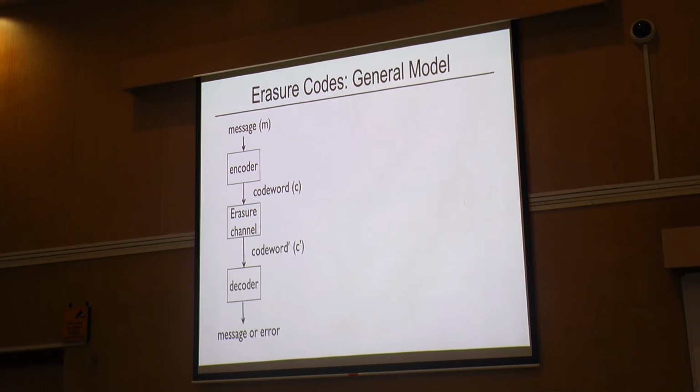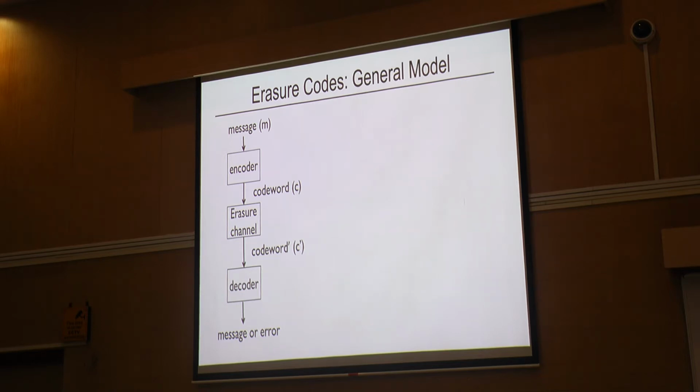Here, the message would be the data that we store. The channel is called an erasure channel because in the tutorial today, we will focus only on a particular type of noise called erasures. Erasures are similar to what we saw in the example in the previous slide, where something is just missing. You know that it is missing, you just don't know what its value is. There is another type of noise, which you might have seen, called errors. If we take the same example as the previous slide, one particular letter might be replaced by another letter.